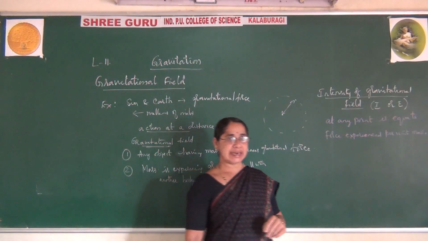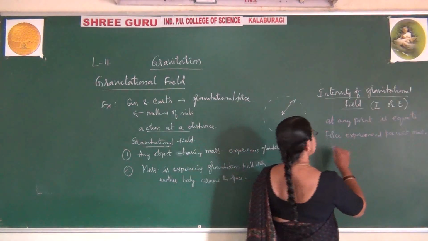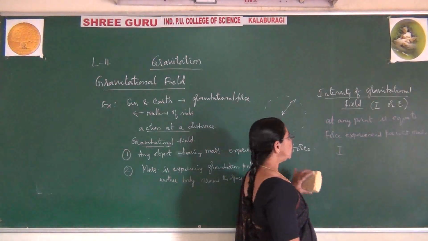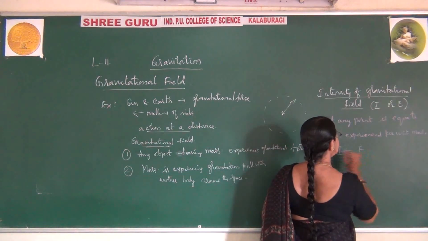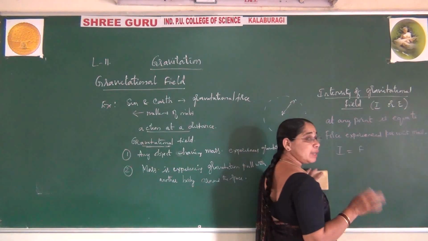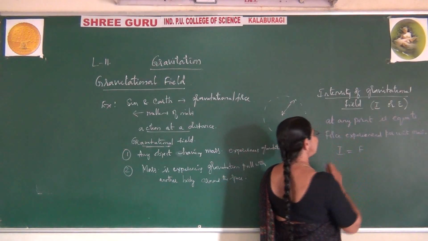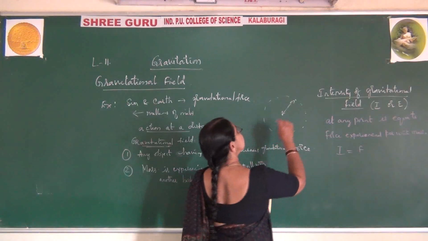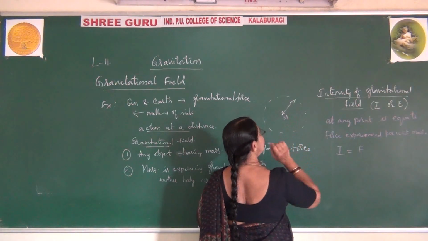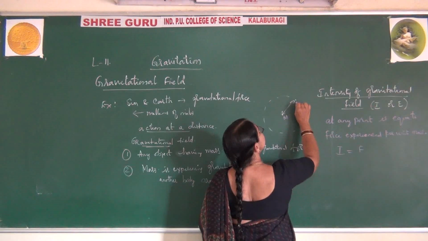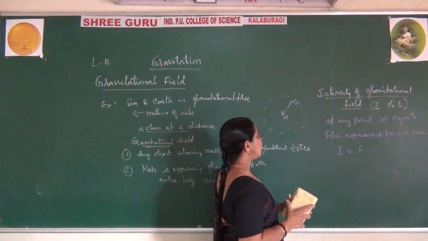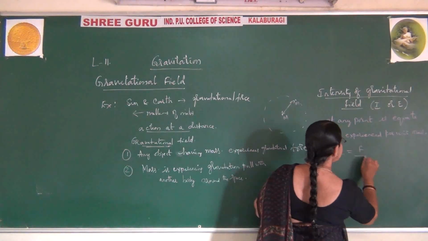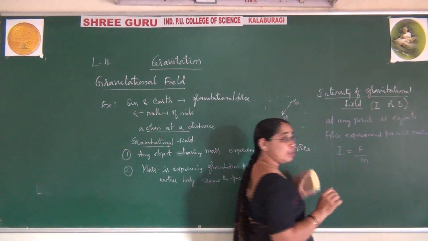For your reference, intensity is represented by the symbol I, and I said it is force experienced per unit mass. If this is the mass of the earth, capital M, and this is the small object, small m, naturally a force of attraction arises between them.